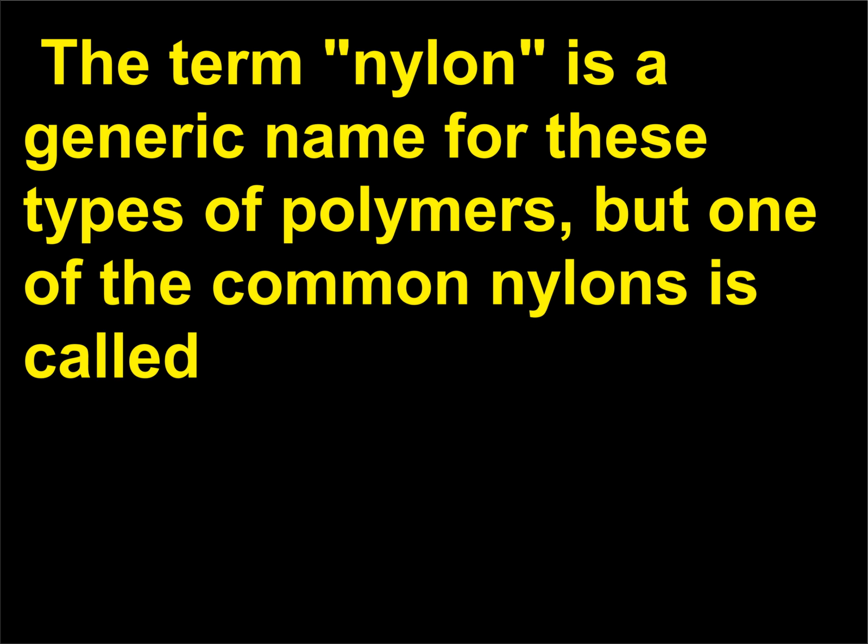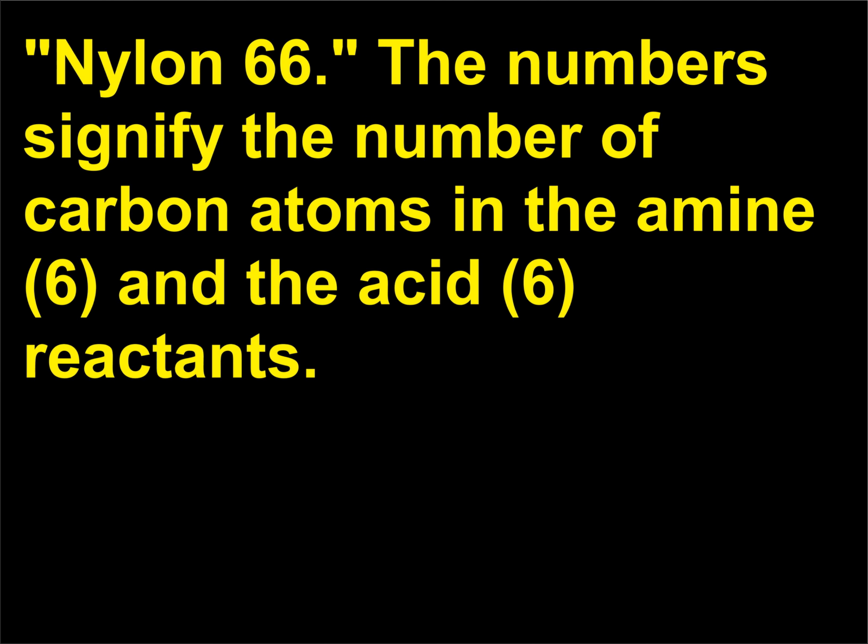The term nylon is a generic name for these types of polymers, but one of the common nylons is called nylon 66. The numbers signify the number of carbon atoms in the amine, 6, and the acid, 6, reactants.